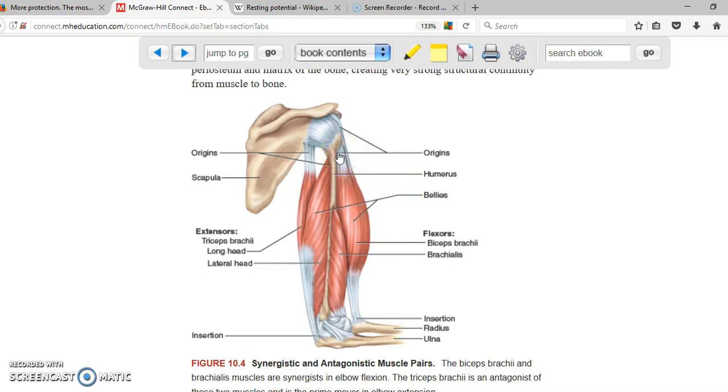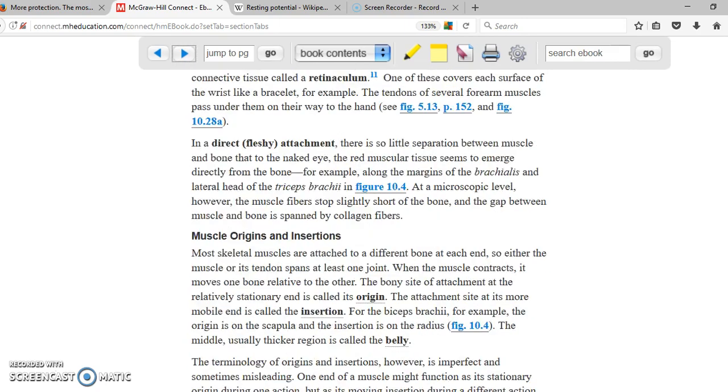How come this doesn't move? Because you have muscles around this area that are attached to your scapula that are going to fix this point, therefore this point will not move. So these muscles that you have in here, for example, are the rhomboid major, rhomboid minor. Those are going to fix this bone right here, therefore they're going to fix this origin right here, and this area will not move when you flex your arm, and this is going to be the only one that is going to move. So those are fixators, and that's what you have right here.